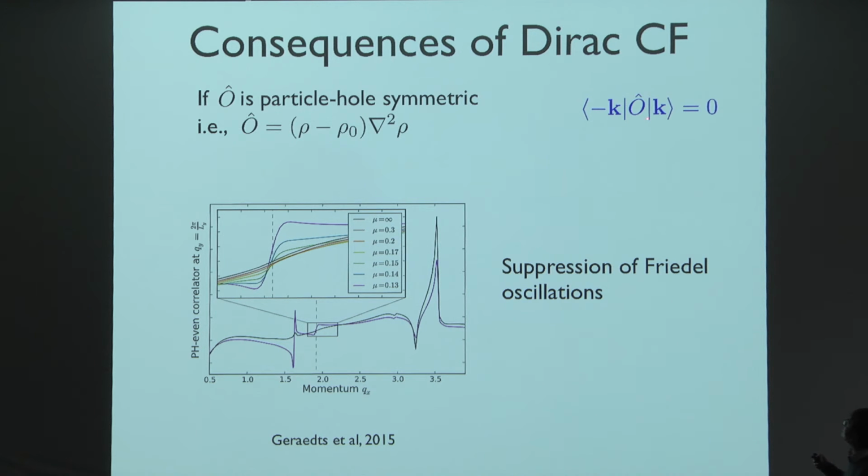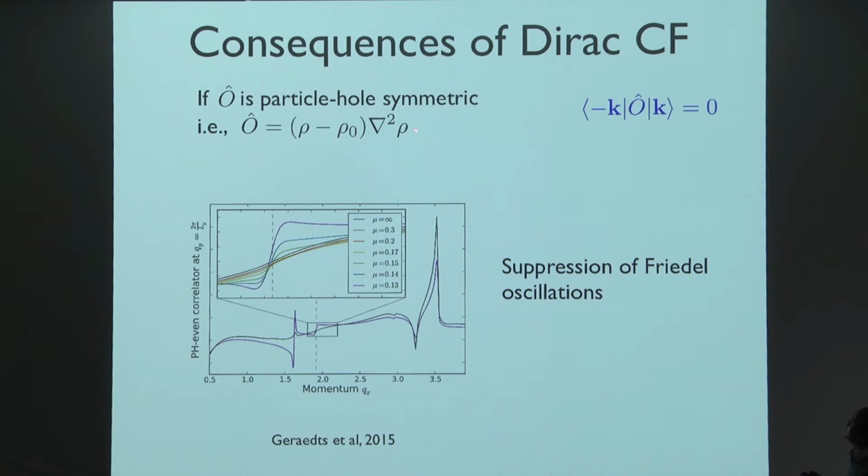One can show that the matrix element of this operator between a state and its particle hole conjugate at minus k is 0. And that manifests itself as the suppression of Friedel oscillation in the correlation function of this operator. So here is the most non-trivial test of the Dirac nature of the composite fermion.